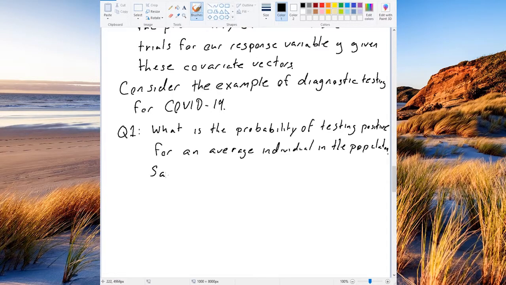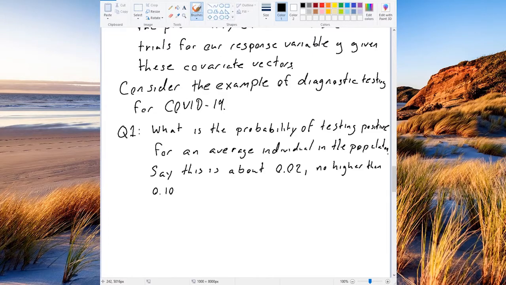So let's just say this is about 0.02. Well, if it's about 0.02, that's my best guess for that probability, right? And let's say that's no higher than 0.10. Okay.